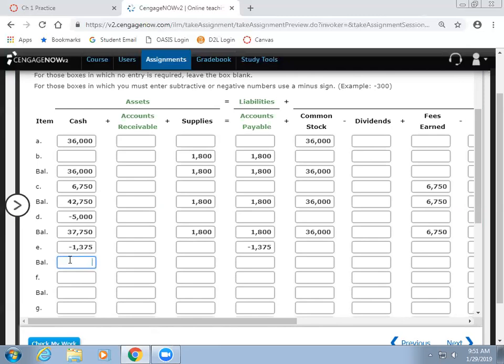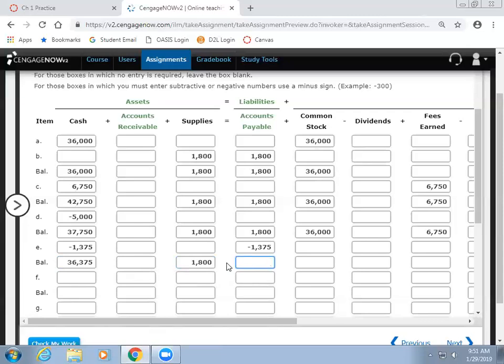So now cash, I just rebalance it. I had 37,750 and I subtract out 1,375. So what's my new cash balance? Your cash balance would be 36,375. Perfect. Yep, 36,375. And then, good old pulling down the other accounts here. So supplies is still 1,800. Accounts payable has changed though.